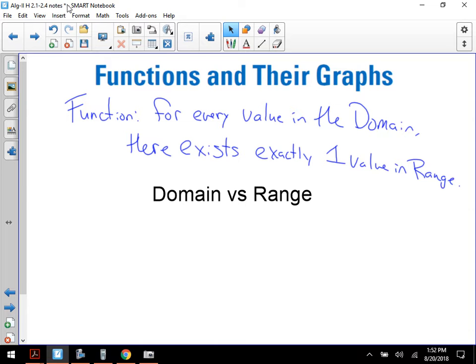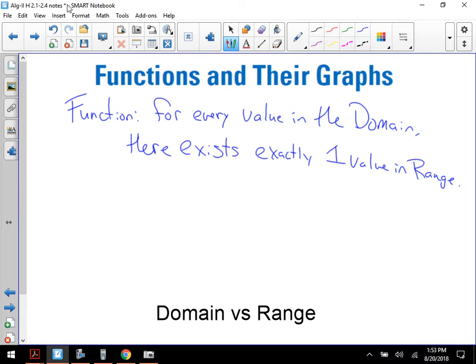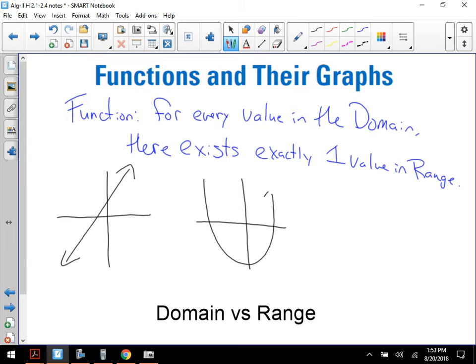When you learned about functions before, you guys did stuff like this. You would look at graphs, and when you looked at graphs, you're talking about for every value in the domain, for every input, there exists exactly one value in the output.